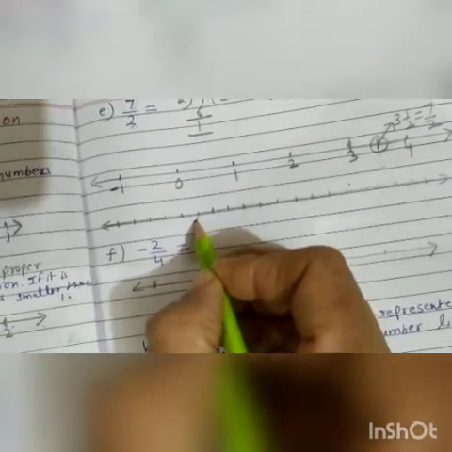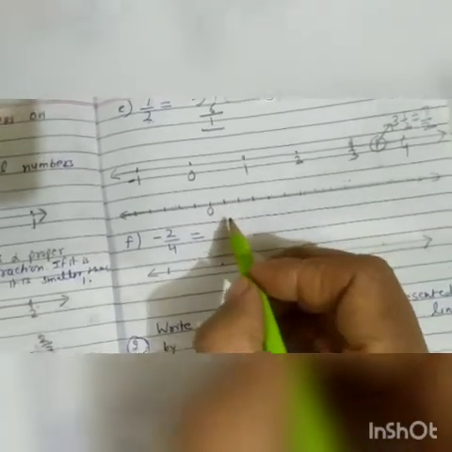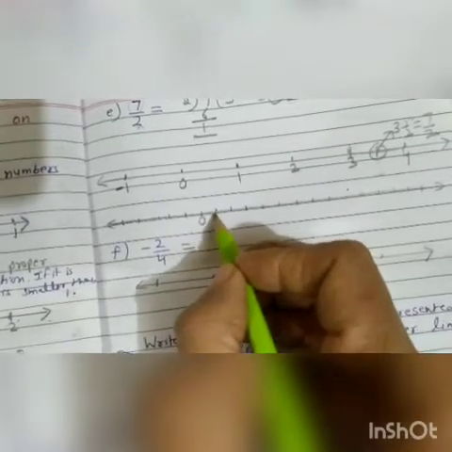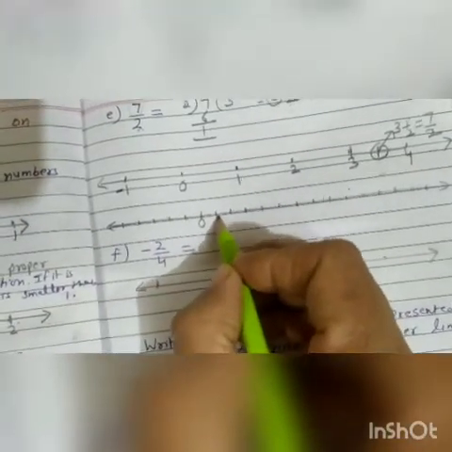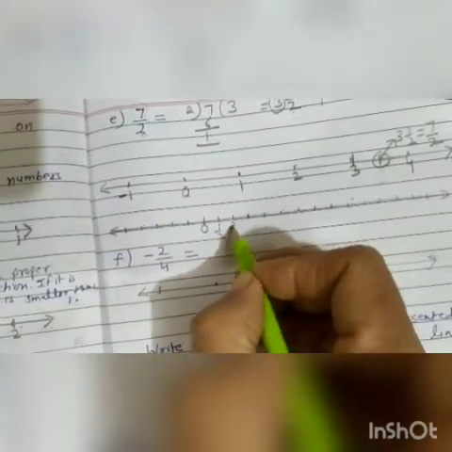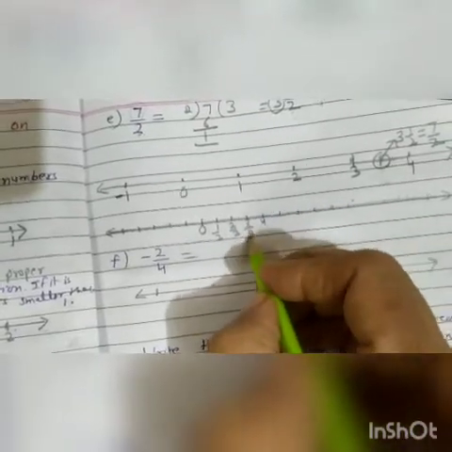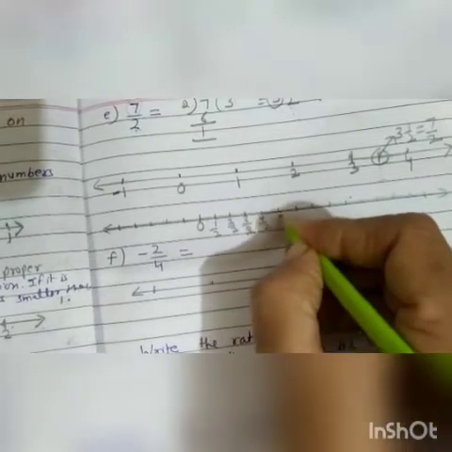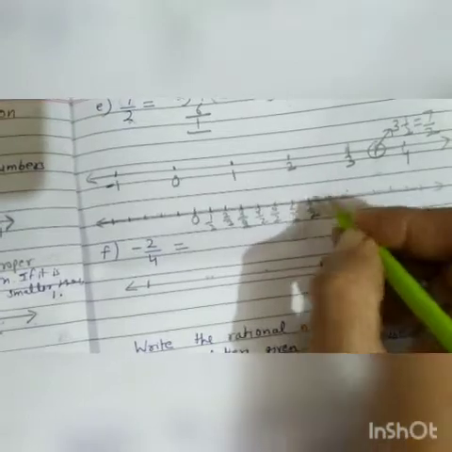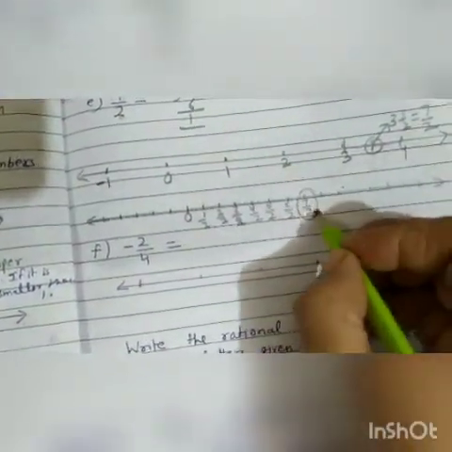Take 0 here, then start counting from 1, taking denominator 2 each time. Then it will be 1 upon 2, 2 upon 2, 3 upon 2, then 4 upon 2, 5 upon 2, 6 upon 2, 7 upon 2.